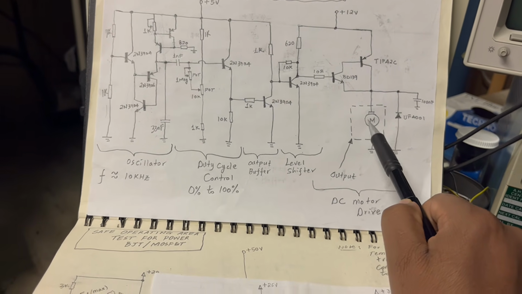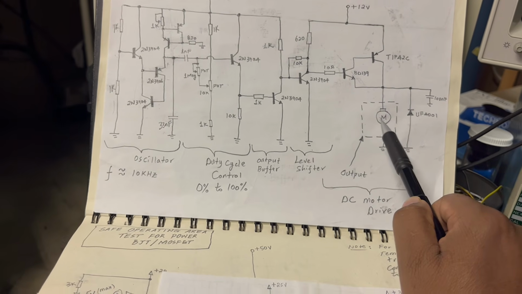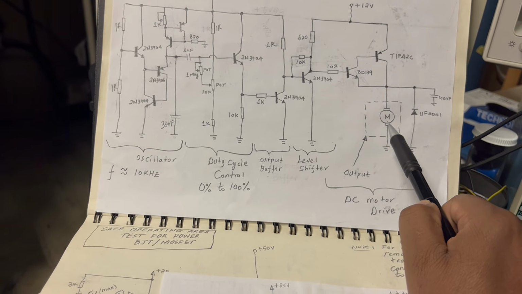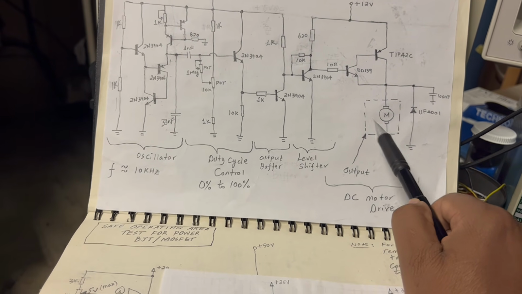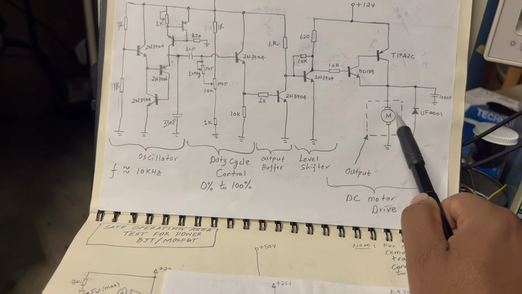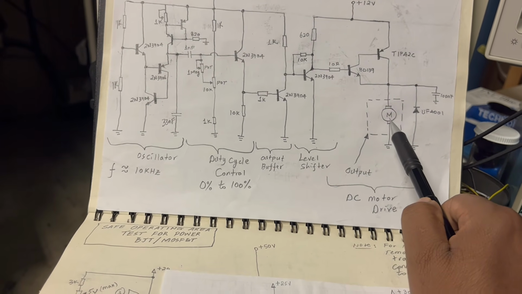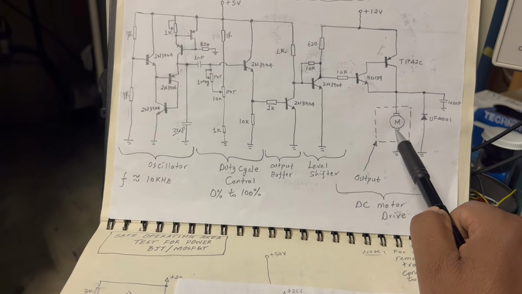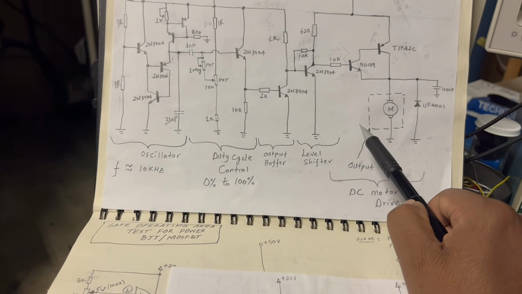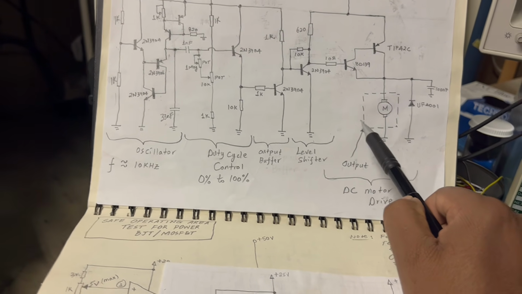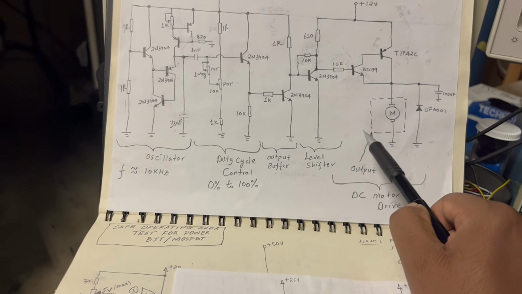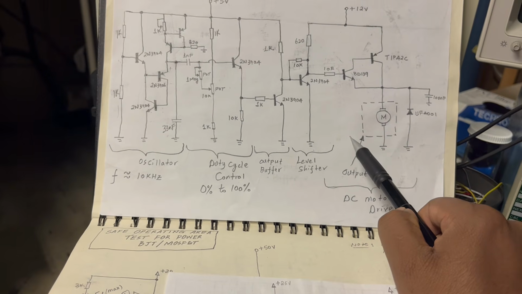You can use that, or you can use an optocoupler that measures the rotational frequency of this motor, and that could be converted to a square wave. The square wave has a specific frequency. That frequency can be low pass filtered to create an average voltage.